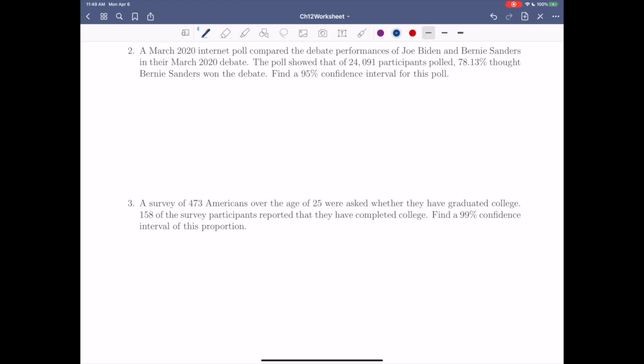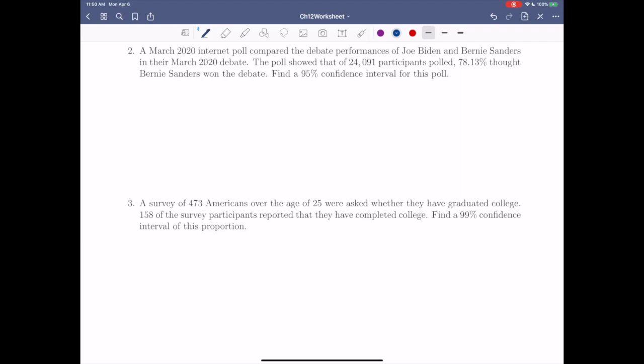There was a different percentage that thought, I forget exactly what the number was, something like 15%, that Joe Biden won the debate. And then there was also a certain percentage that either did not have an opinion or were unsure, or whatever that third category is. But all I'm worried about is the percentage of people that thought that Bernie Sanders won the debate.